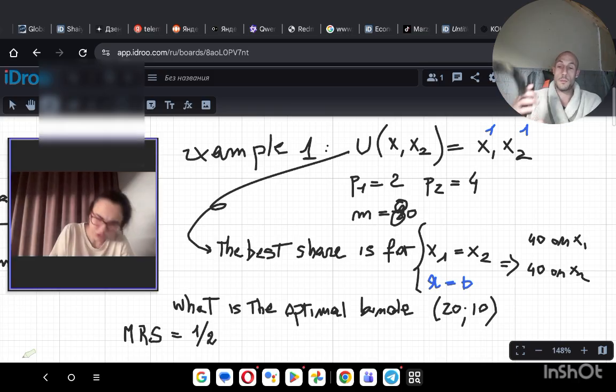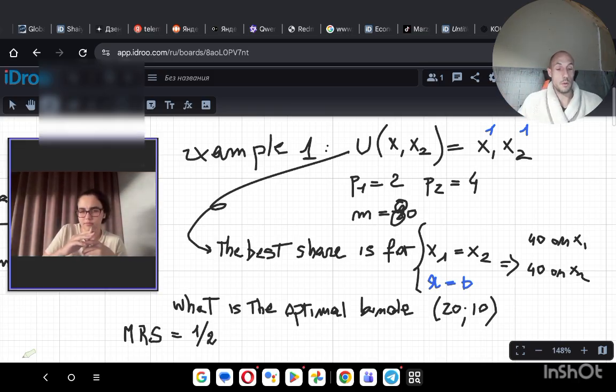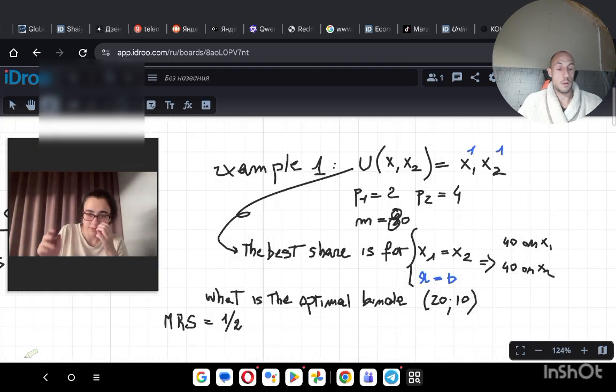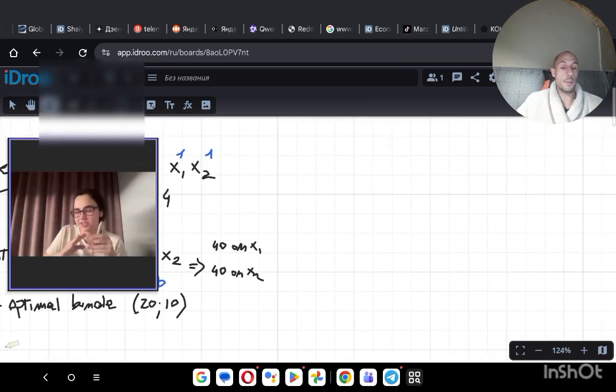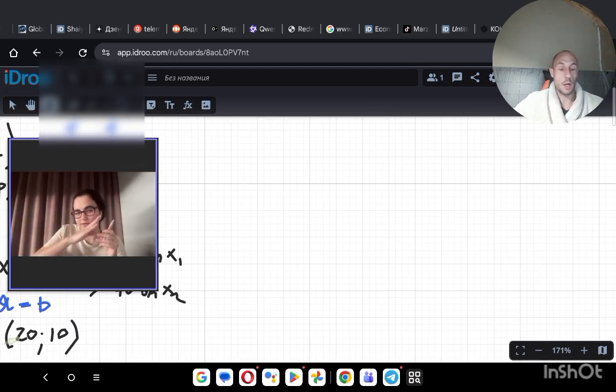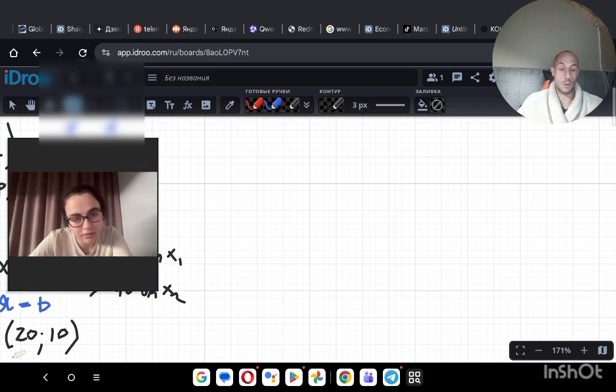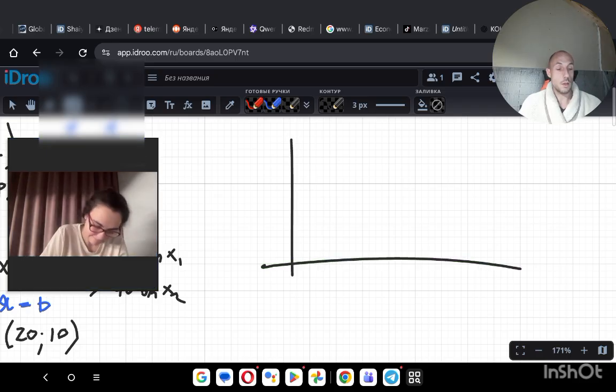Monotonicity is like when something is always growing. Look, I am drawing it. So look, this is monotone.